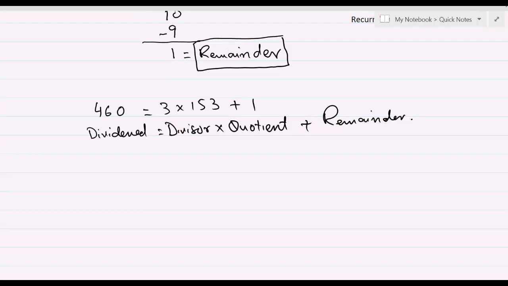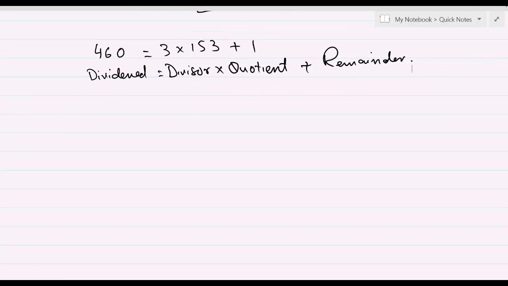Here now we are going to divide 1139. Let's divide another question. 1139 divided by 14.